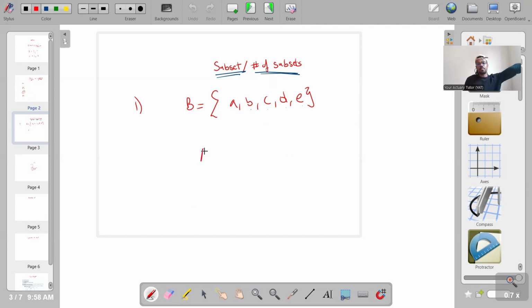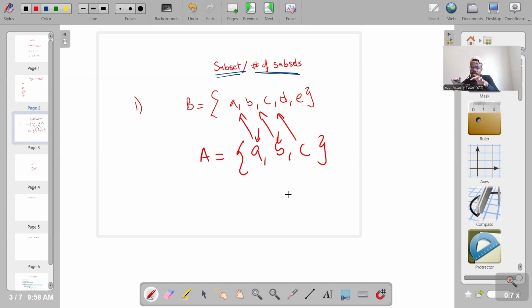So a subset could be like A having A, B, and C. And the main thing you have to realize is once the elements in A, you can find them in B, then you know that that is going to be a subset, okay? Meaning that I can find all of A within B. That makes sense, right?